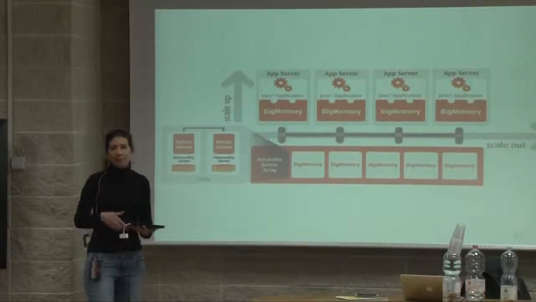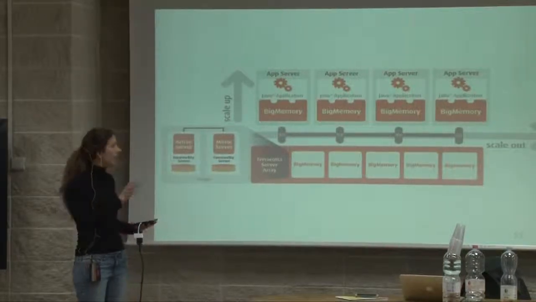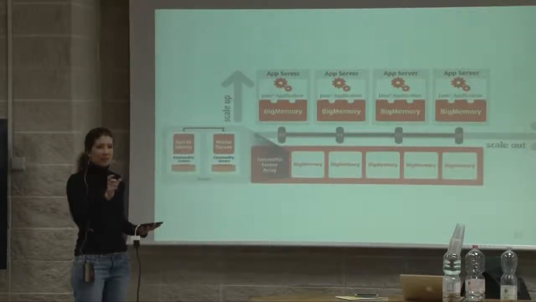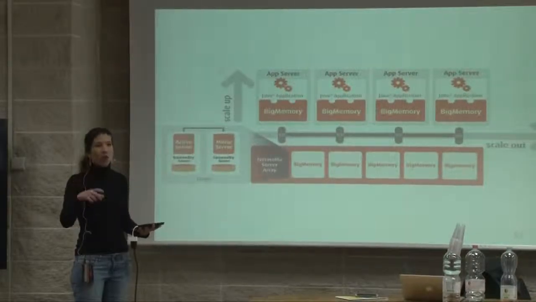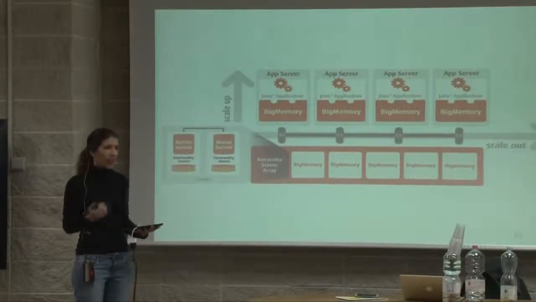But given the Pareto law, the 80-20 rule, if it's well sized, 80% of the time you will have the data in your L1. 20% of the time you won't have it, so you will have to retrieve it from the L2.